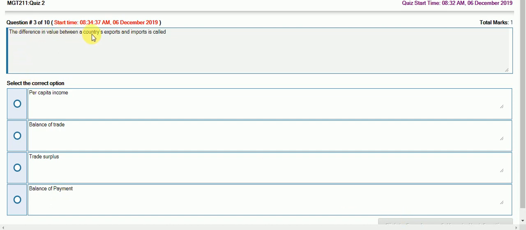The difference in value between a country's exports and imports is called... it's definitely not per capita income, and it is definitely not trade surplus. So between balance of trade and balance of payment, the difference in value between a country's exports and imports. I think it's balance of trade.